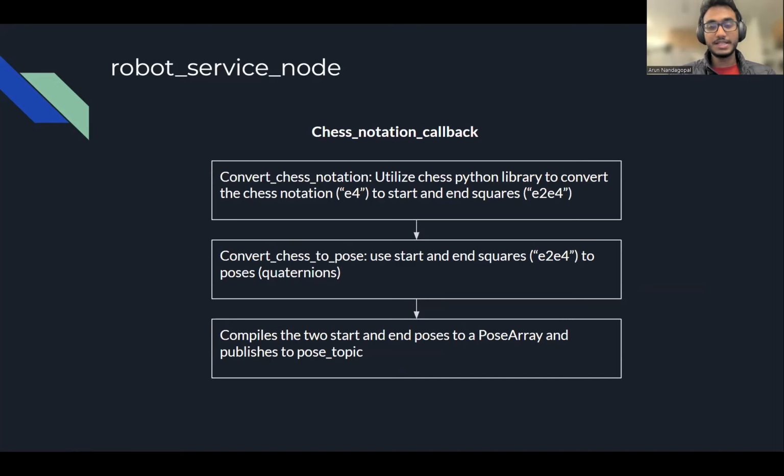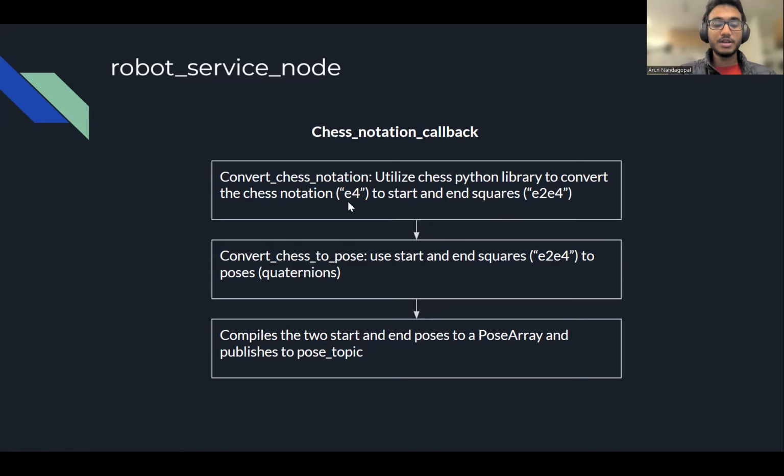So in the case of E4, it takes that and uses some subfunctions in the program, which you can see on GitHub, to convert that E4 into the starting square and ending square. This is called UCI notation, which is used for the chess engine to work.